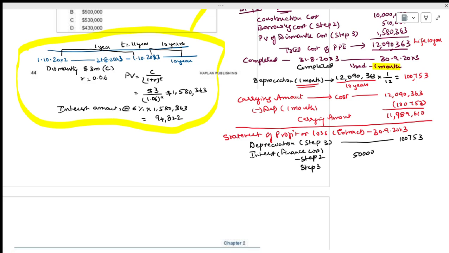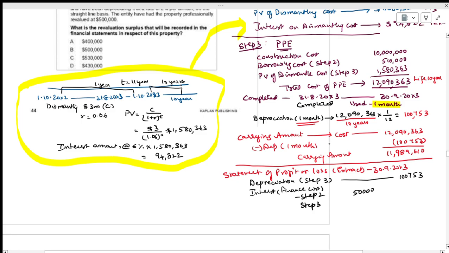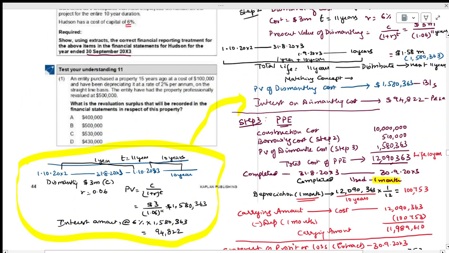Step 3 is the dismantling cost. Interest is there. How much have we calculated as interest on dismantling cost? 94,822.